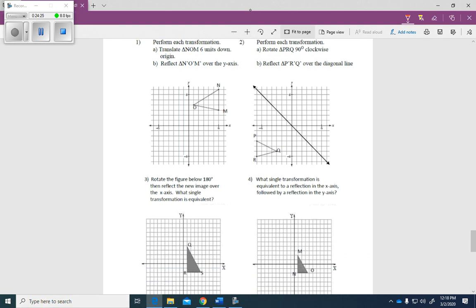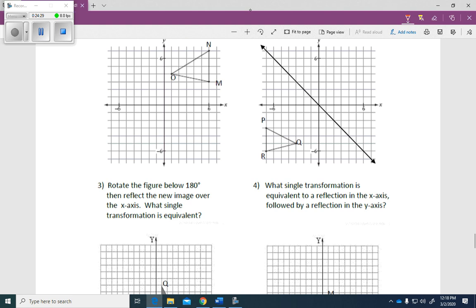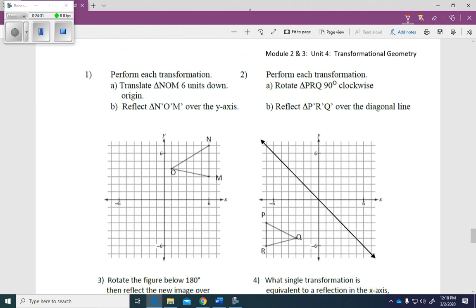We're getting there. Again, I don't have a transparency, so anytime a rotation has to occur, I'm going to have to turn my paper. Perform each transformation. So translate 6 units down. This is like a typo here.